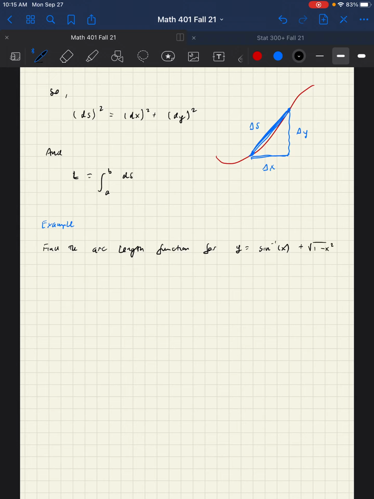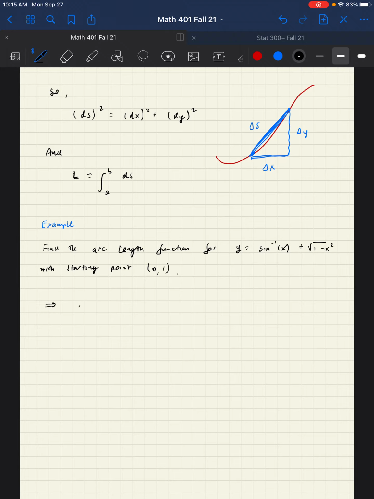We're going to use y equals sine inverse of x plus square root of 1 minus x squared with starting point 0, 1. So our a here is 0, our f of a is 1, and this is the function that we want to work with.